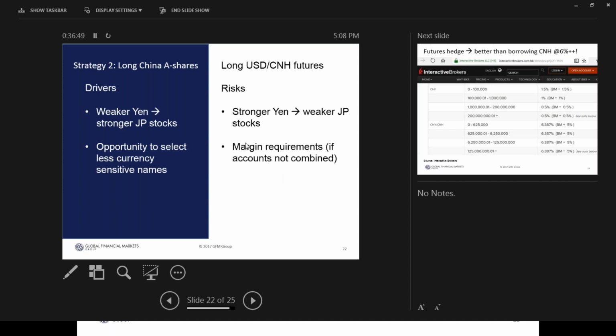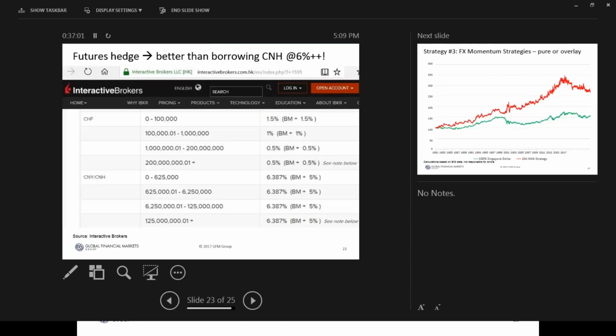You convert your money into renminbi, buy your A shares, and then you would trade the FX futures in order to hedge your FX exposure back into US dollars. So as mentioned earlier, the futures hedge gives you that effective 3.7% financing rate if you were buying a renminbi position, as opposed to if you were to borrow renminbi on margin. Interactive Brokers on their website here charge 6.387%.